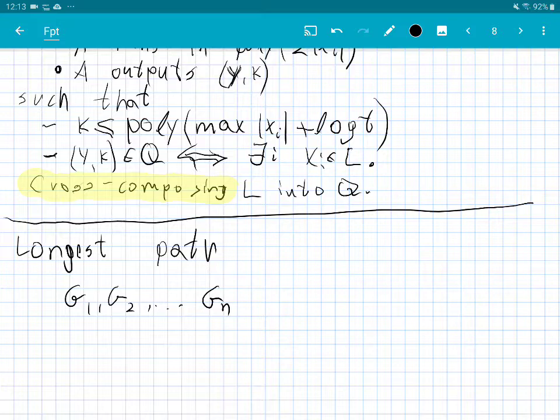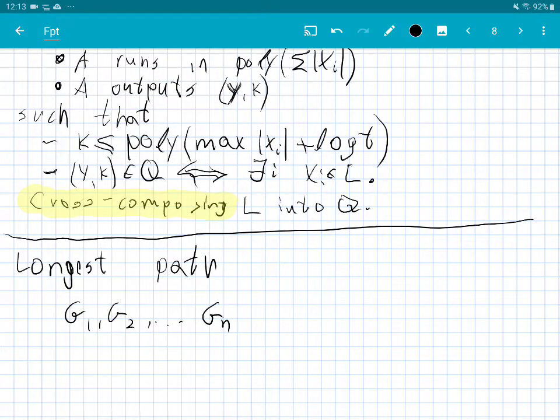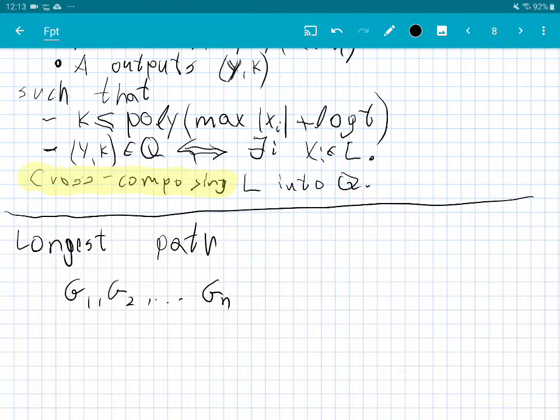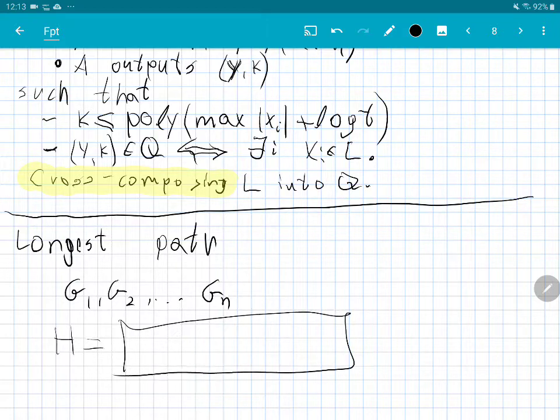In fact, in this case we can take Hamiltonian path and say we are taking instances of Hamiltonian path. We take all those instances, and now I'm going to generate a graph H, which is just a copy of those graphs.